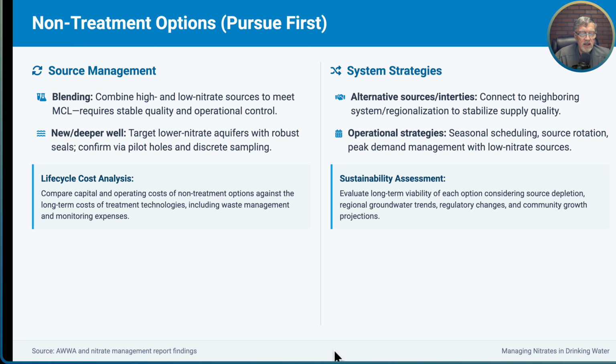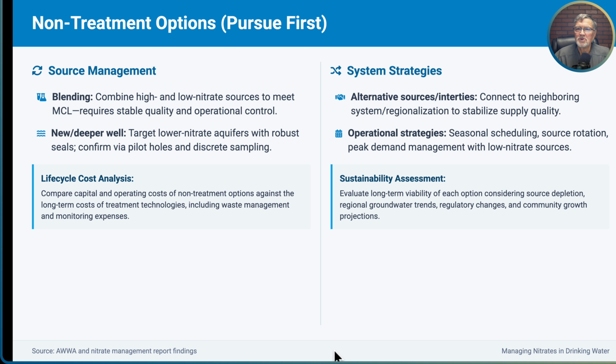Life cycle cost analysis, I'm a big proponent of this. You always want to compare the capital and operating costs of non-treatment options against the long-term costs of treatment technologies, including waste management and monitoring expenses. Pretty much all the time, that life cycle cost will come out in favor of either a new well or blending or something like that.